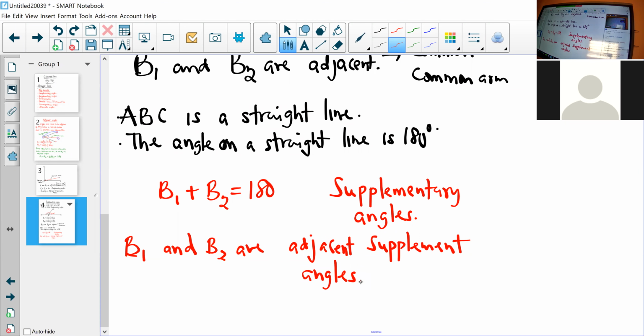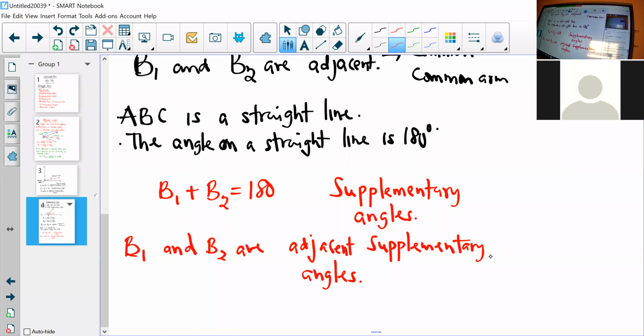That's why we had to go through this adjacent side first. We could have two angles equal to 180 that are not adjacent. Yes, they are supplementary, but in this case, they are adjacent and supplementary.